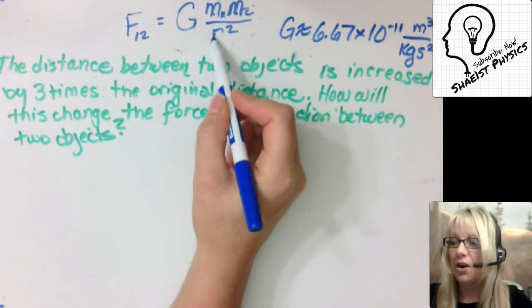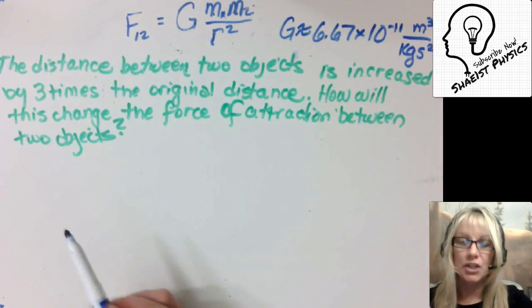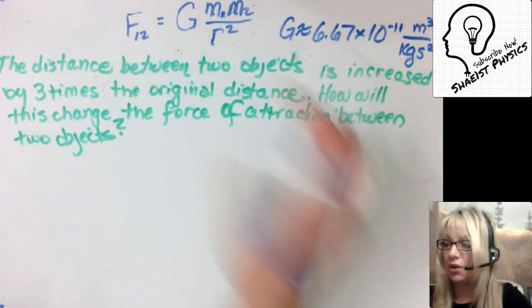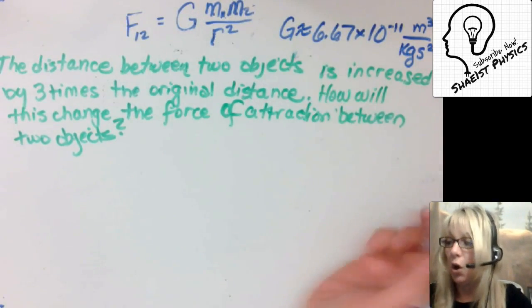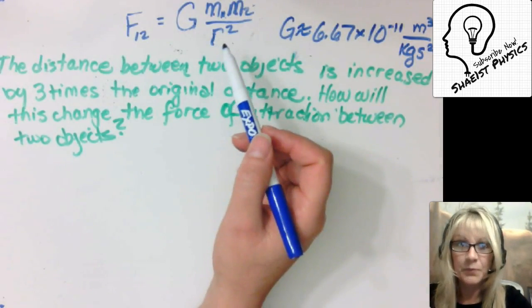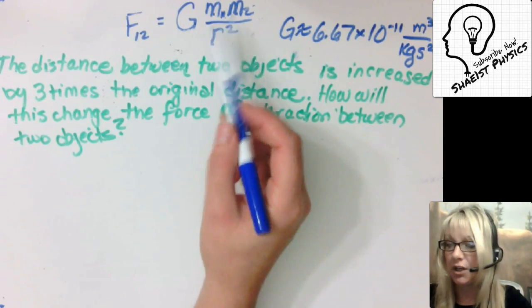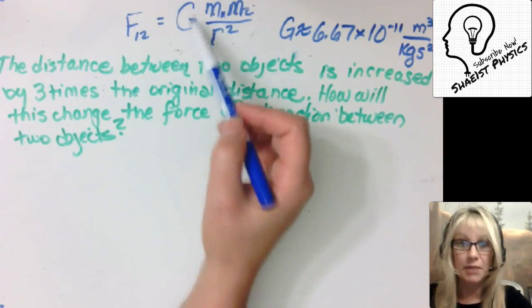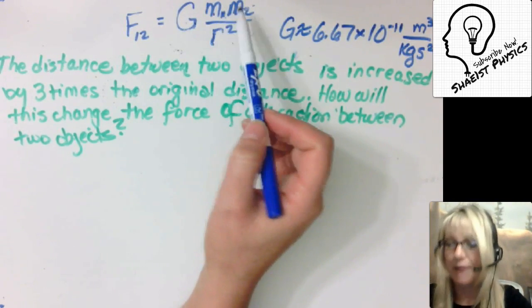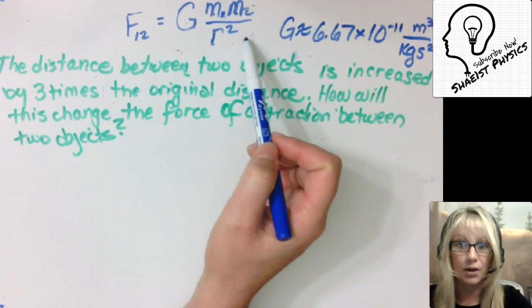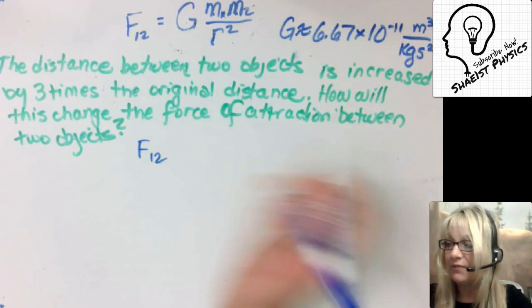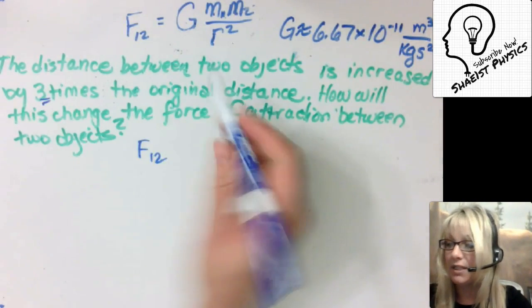Now, we know that r represents the distance between the two objects. Well, if we just start in the beginning, the two objects are in their original position, then the force between them is going to be equal to that gravitational constant, m1 times m2 over r squared. We're going to have r be the original distance. Now, let's say that that distance increases by 3.